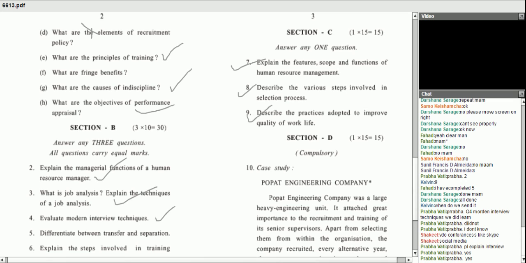So you can be brief when it comes to modern interview techniques. Telephonic, you can write about the telephonic round, okay? And then they also conduct interviews through video conferencing, right? Okay, okay. So just finish the other questions, Prabha, and then I'm going to explain the modern interview technique to you.